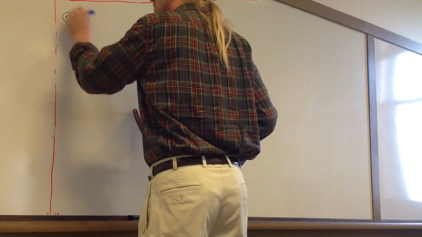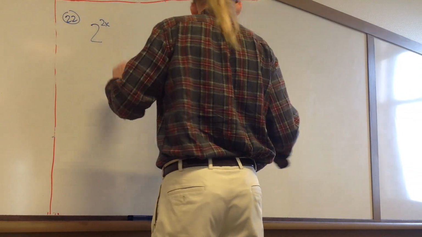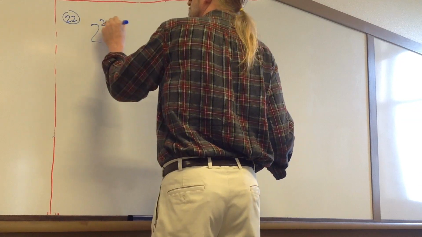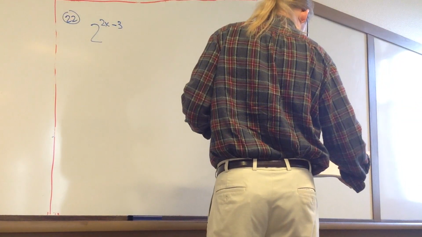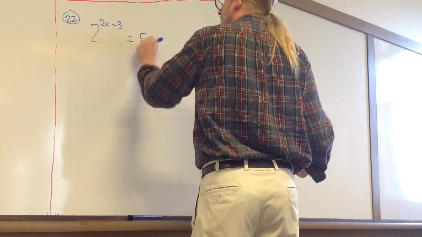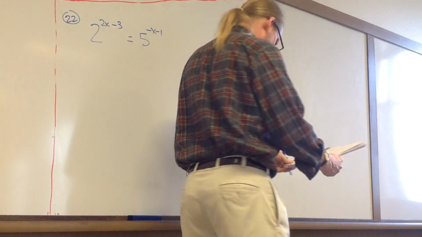Okay, problem 22. 2 to the 2x minus 3 equals 5 to the minus x minus 1.